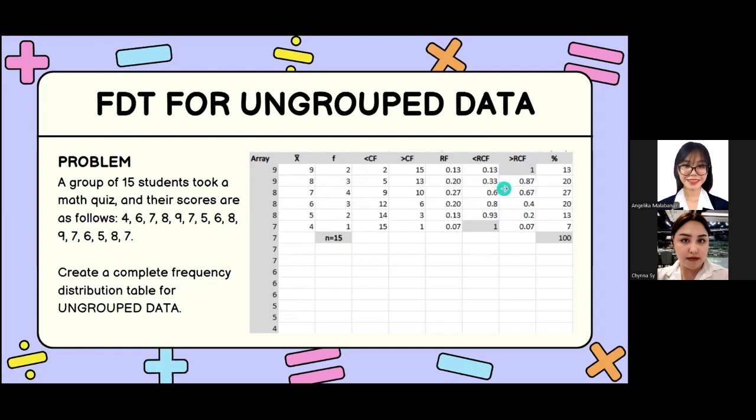We will have the value 0.33. Then we add again the following value, 0.27. We will have 0.6. Then 0.6 plus 0.20 will have 0.8, and then 0.8 plus 0.13 will have 0.93. Then 0.93 plus 0.07 will get 1 or 1.00.